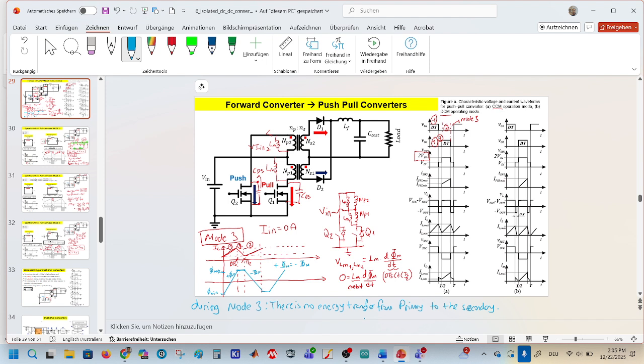If the flux doesn't change, you cannot use it as a transformer. Any questions?